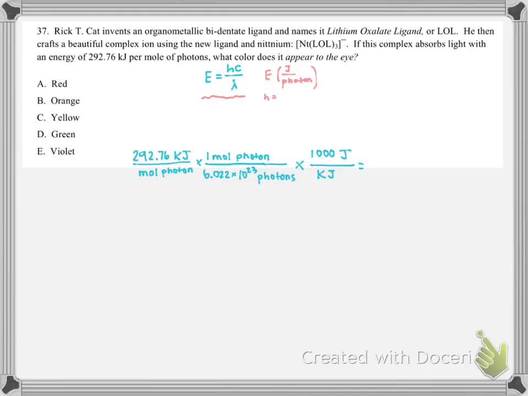It's on the data sheet. 6.626 times 10 to the power of -34 joules times seconds. And then for C, we have the speed of light, which is 3 times 10 to the 8th meters per second.